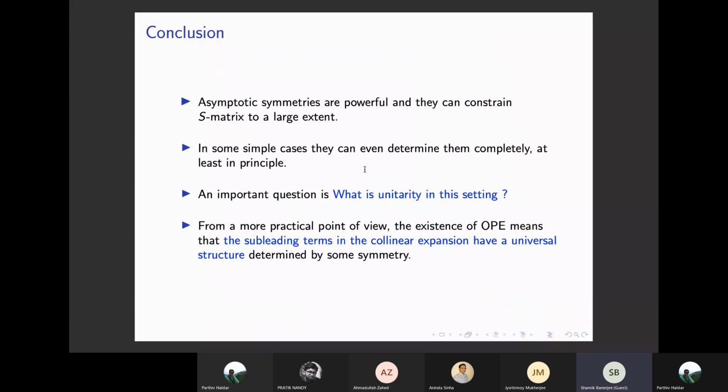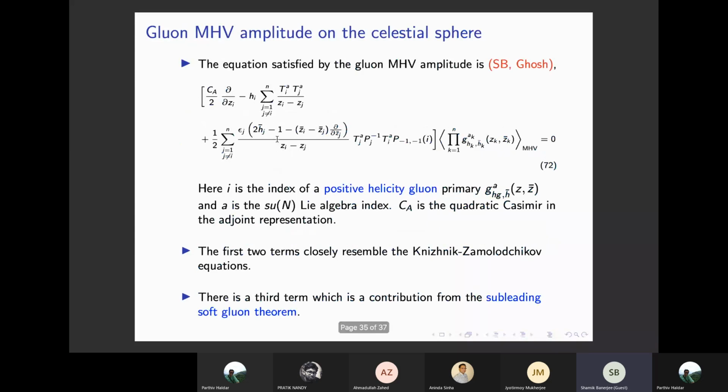Okay, so let me now conclude. What we can see is that these asymptotic symmetries are powerful, and they can constrain the S matrix to a large extent. In fact, in the MHV sector, you can solve for them, at least in principle.